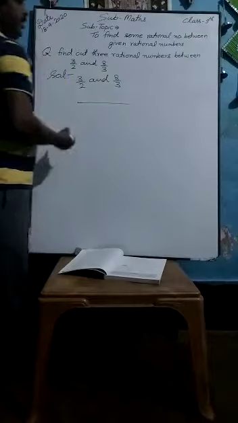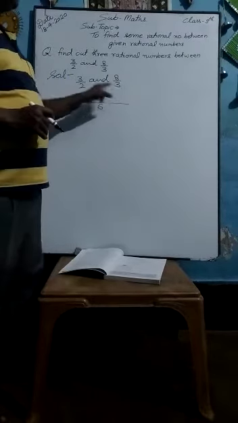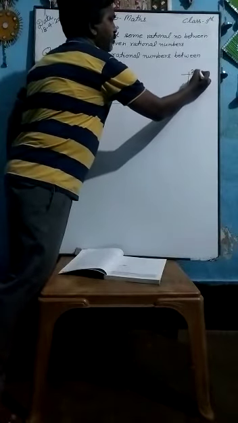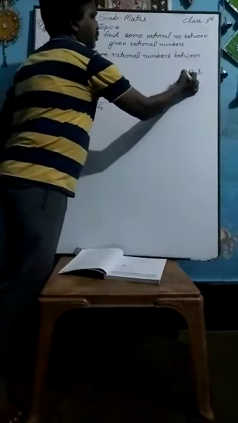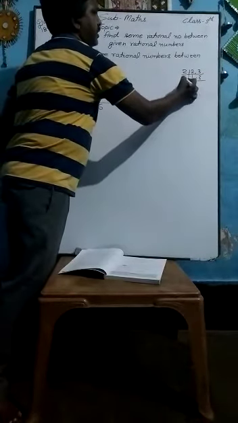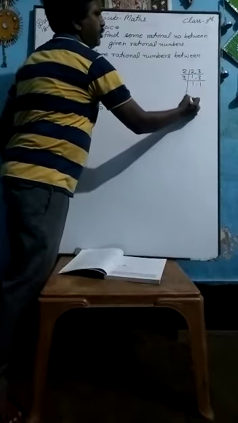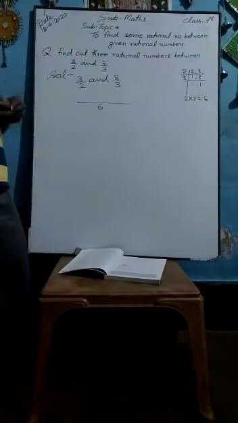First take the LCM of 2 and 3. If you don't know, then calculate the LCM: 2 times 3 is 6. You have got LCM 6.